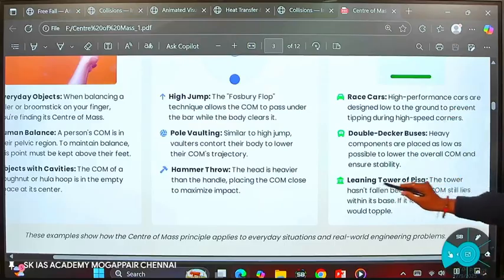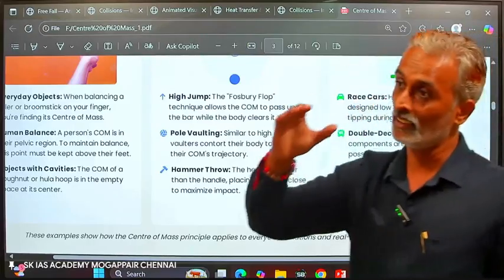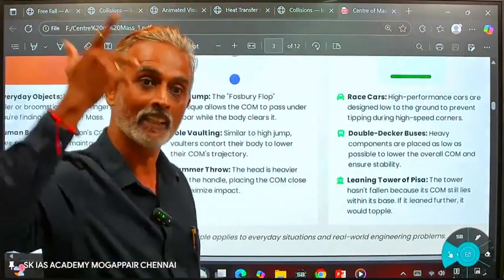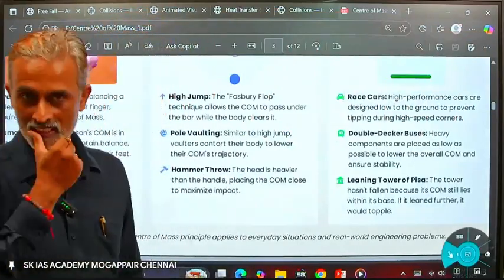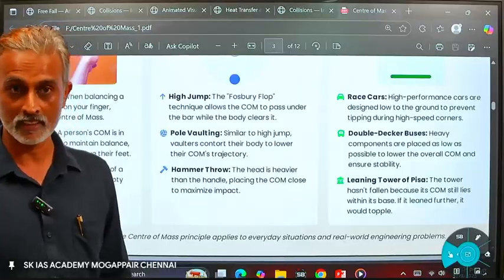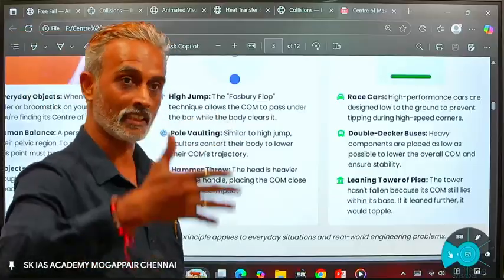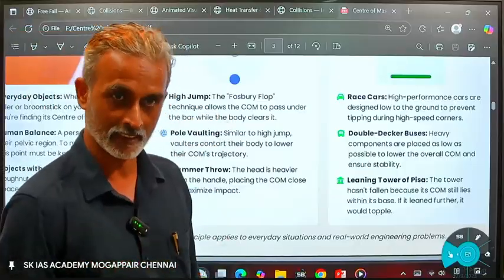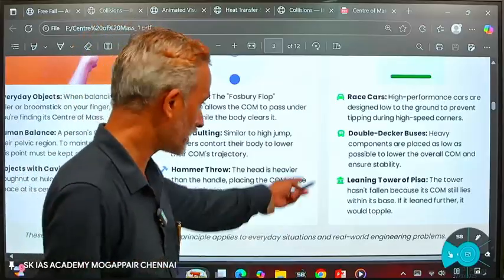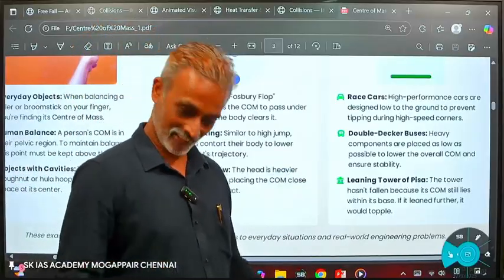Next, tall towers. Yes sir. You have seen 50 high rise buildings, not in Chennai. Bangalore has 50, 60 high rises, Mumbai also has 50, 60, even 70 high rise buildings, 17th floor. How do they make them? With the help of the center of the mass.